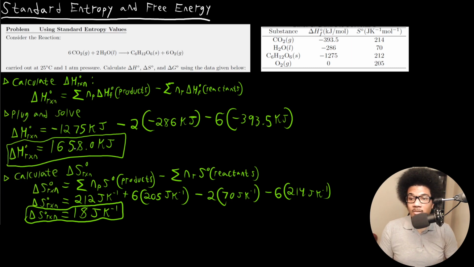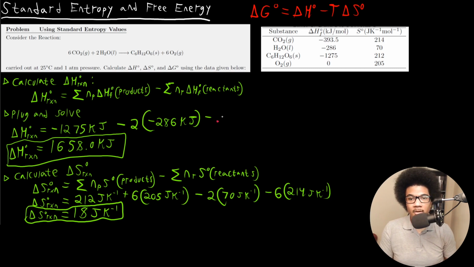So what we're going to do is use these and plug them into the equation for the free energy. Keep in mind that the free energy, delta G, would be equal to delta H minus T delta S. Well, we already calculated delta H and delta S, so we can directly plug these in to get our answer. So I'm going to erase a little bit of this to give me some room to write here.